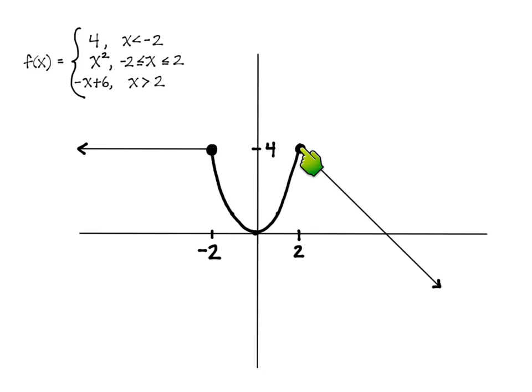And from +2 and greater, we have this line, which is -x plus 6. So this is a picture of it, and we can see now graphically that there's continuity here. There's no hole, there's no jump. It is just a nice smooth transition from one function to the other with everything filled in.